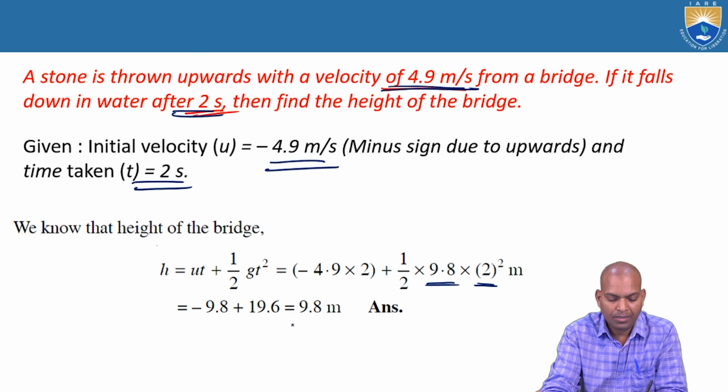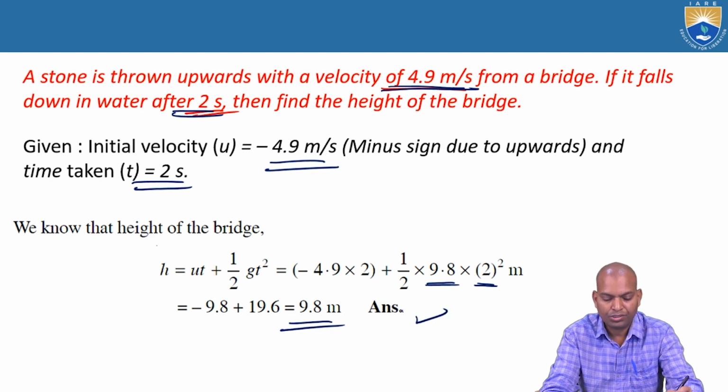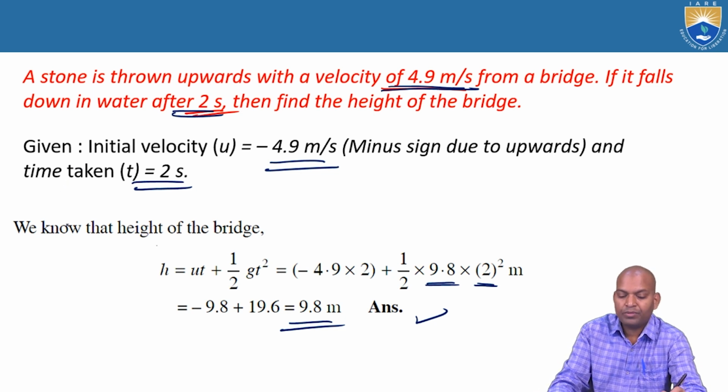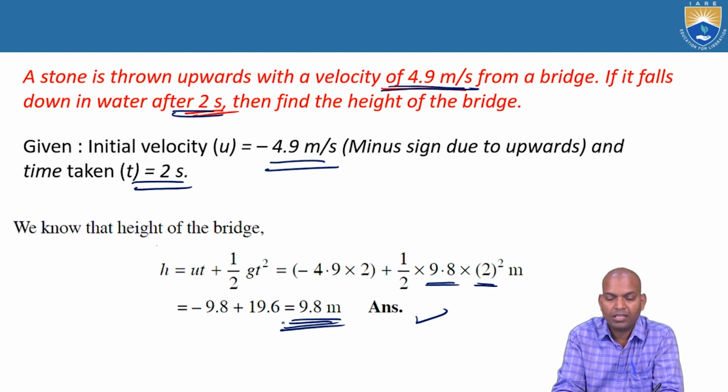If you substitute, the height of the bridge is 9.8 meters. Another name for it is the distance traveled by the body from the bridge, thrown upwards with a velocity, if it falls down after 2 seconds. We calculated here that the height of the bridge is 9.8 meters.